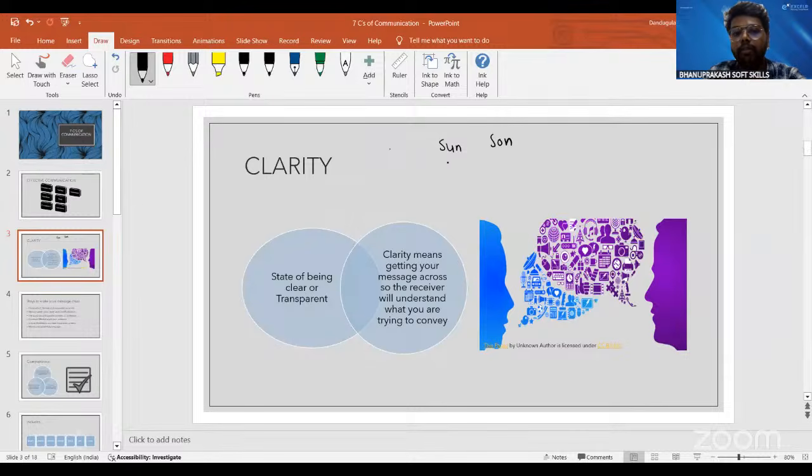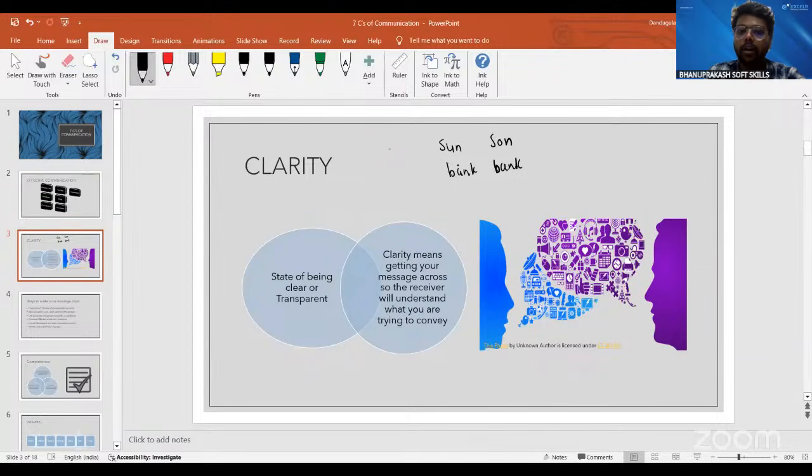For example, take the word bank. Both spellings are the same, but when we talk about meaning, the banks of a river are totally different from a money lending bank. In the same way, take the word board: an examination board is totally different from a writing board.